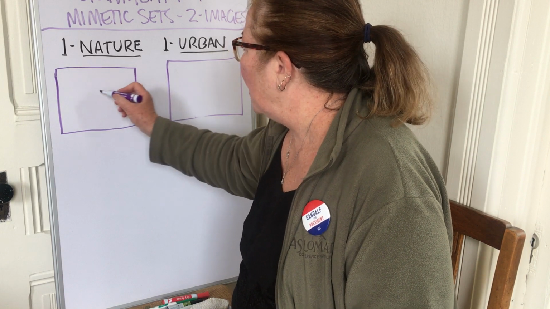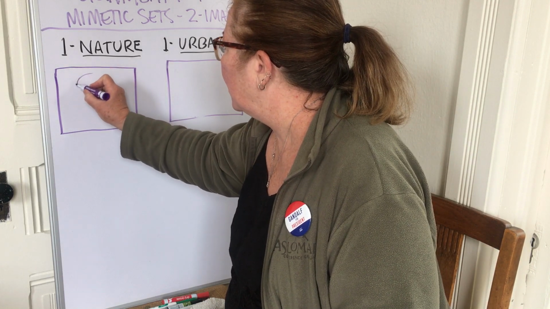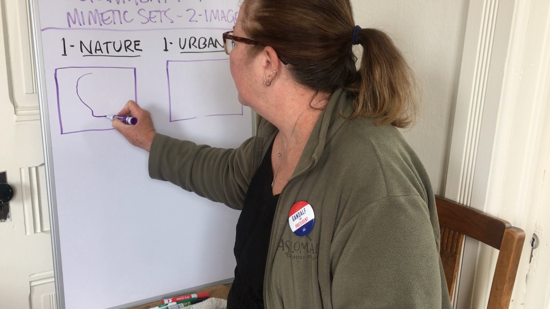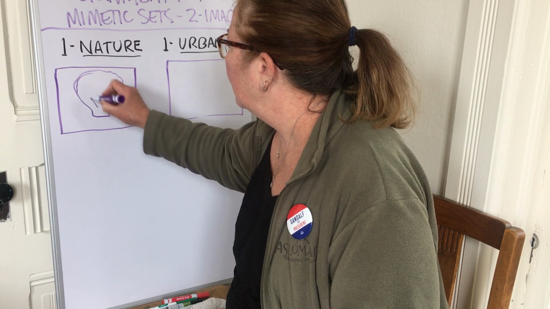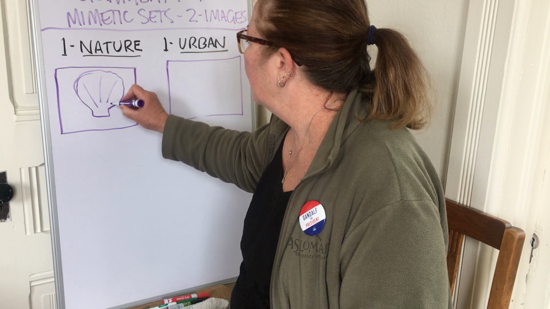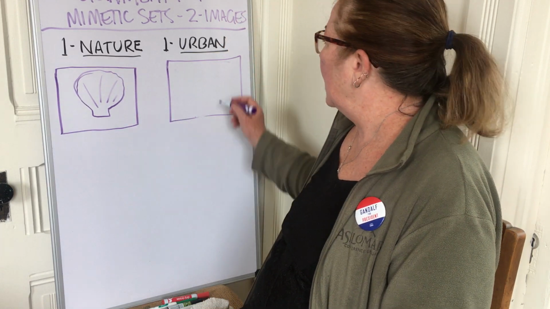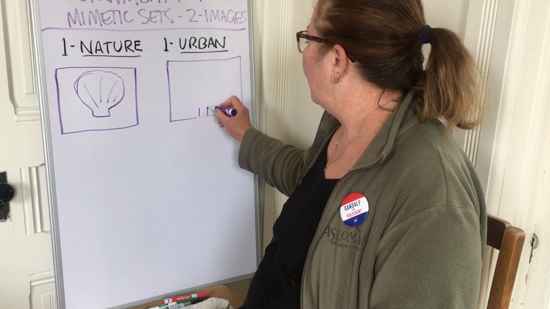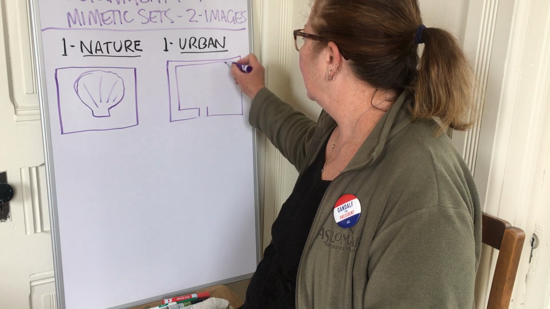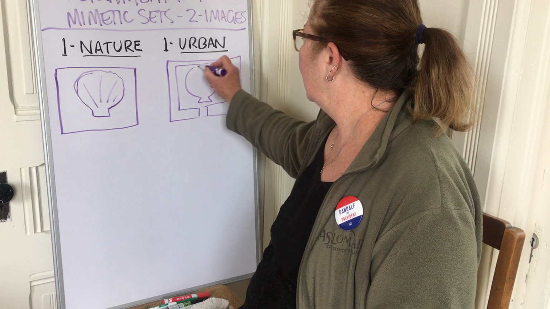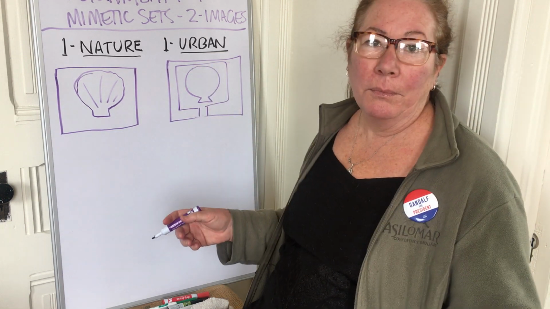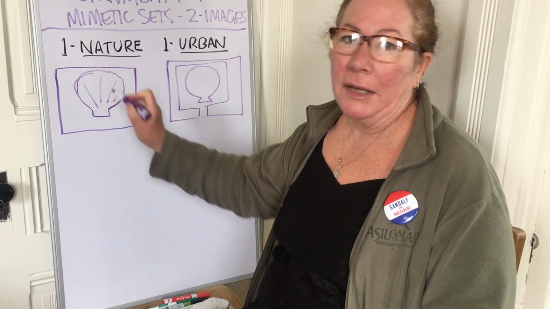So let's say you go to the beach, and this is one of the ones we showed you, and you see a seashell. Right? And then you see the sign for the Shell gas station. Right? Boom. There's your urban and there's your nature.